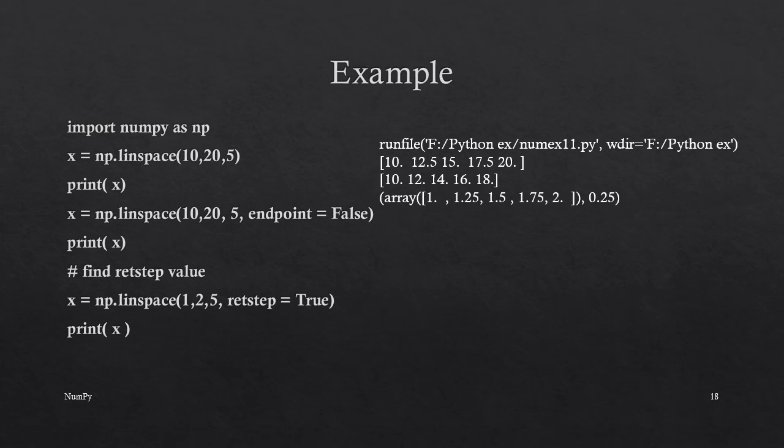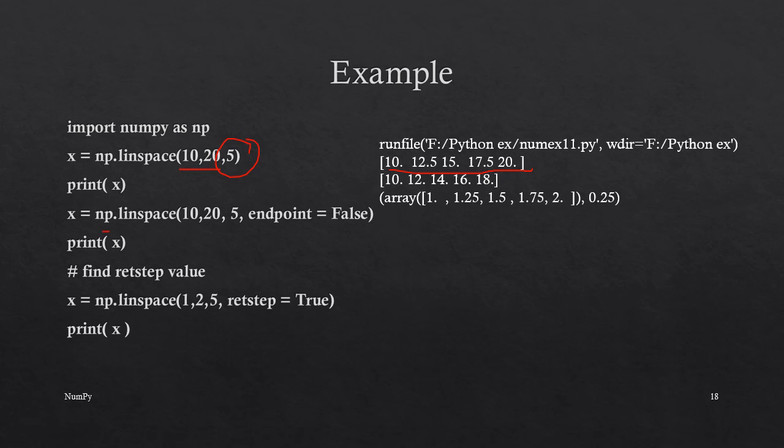So we are creating an array with starting value 10 and ending value 20 with 5 evenly spaced elements in between. So the 5 evenly spaced elements will be 10, 12.5, 15, 17.5 and 20. Since we have 12.5 and so on, we got the result as floating point values.